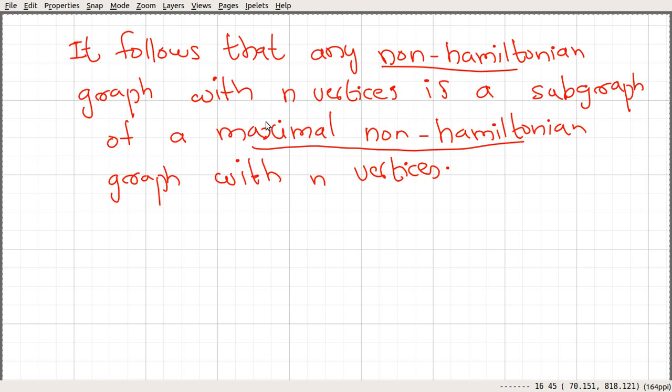If you are able to come up with such a characterization, that would be very good. But we know some sufficient conditions for a graph to have a Hamiltonian cycle, but no necessary conditions are known until now. So we will see some sufficient conditions in the next few videos.